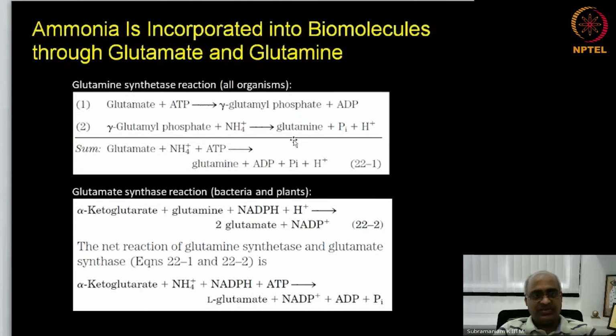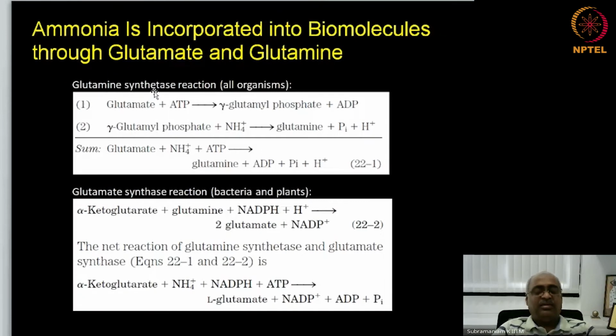So this is the route by which nitrogen enters into our system. And this enzyme, glutamine synthetase, exists not just in plants and microbes, it exists in all animals. In many of our metabolic reactions, we haven't yet discussed, probably we will briefly discuss amino acid catabolism. We only focused so far on glucose.